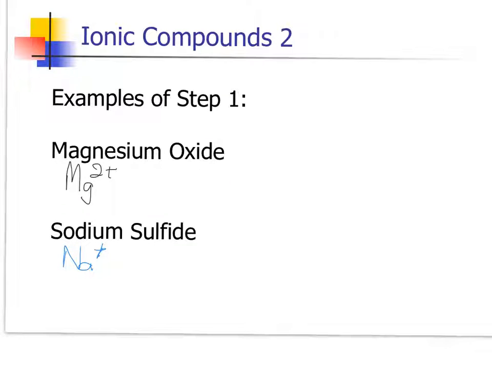The second part is to write the anions, and I'm going to write the anions in different colors so we can see some things. Oxide is going to be 2-. And then with sodium, we're going to see that we have sulfide, which is an odd one, but it still does happen, with S with a 2-.